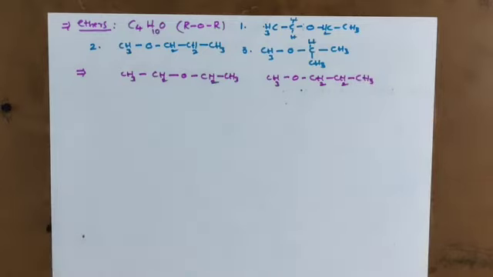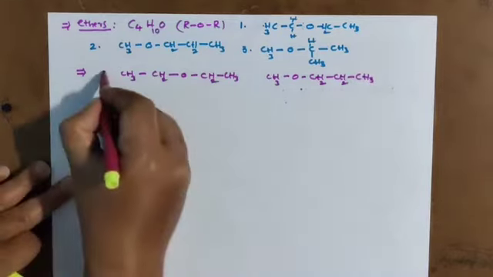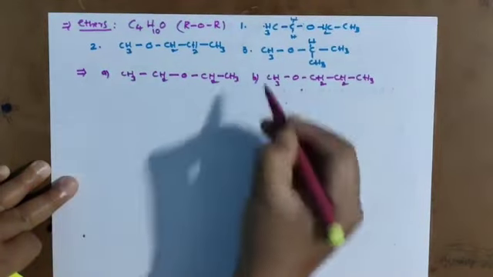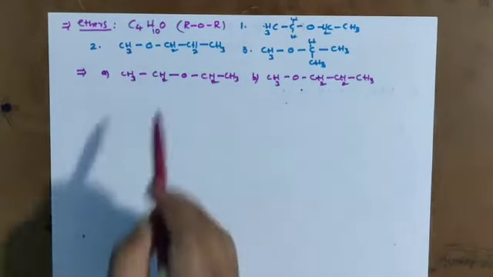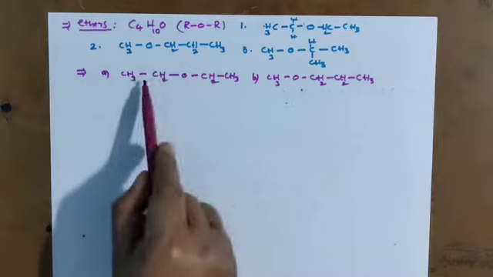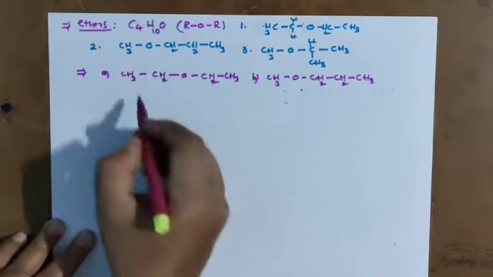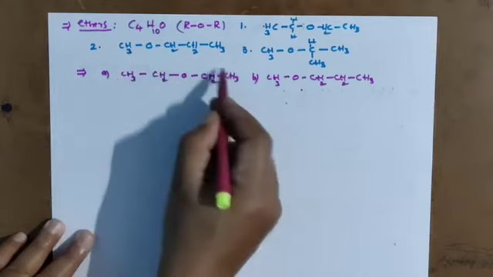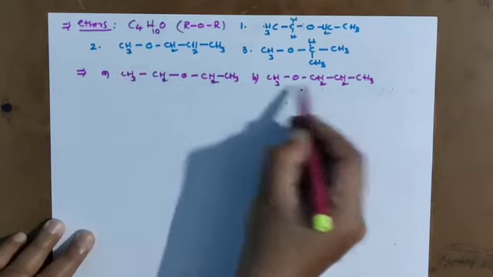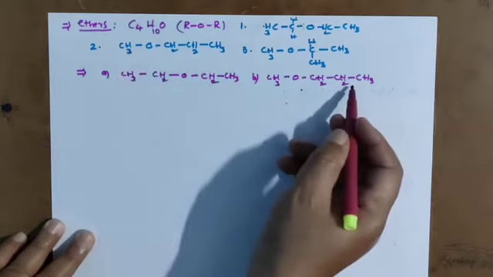Now observe these two compounds, A and B. See the functional group O, ether, ROR. Here this is an ethyl group, this is an ethyl group. This is methyl, this is propyl.